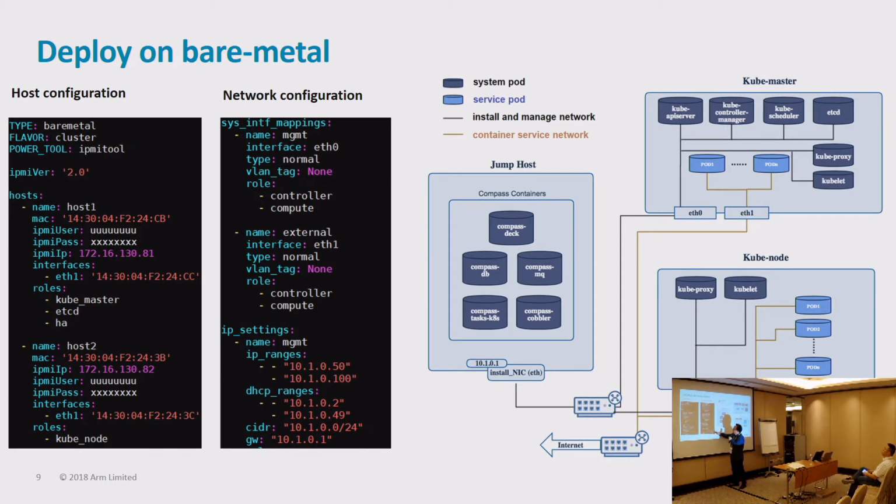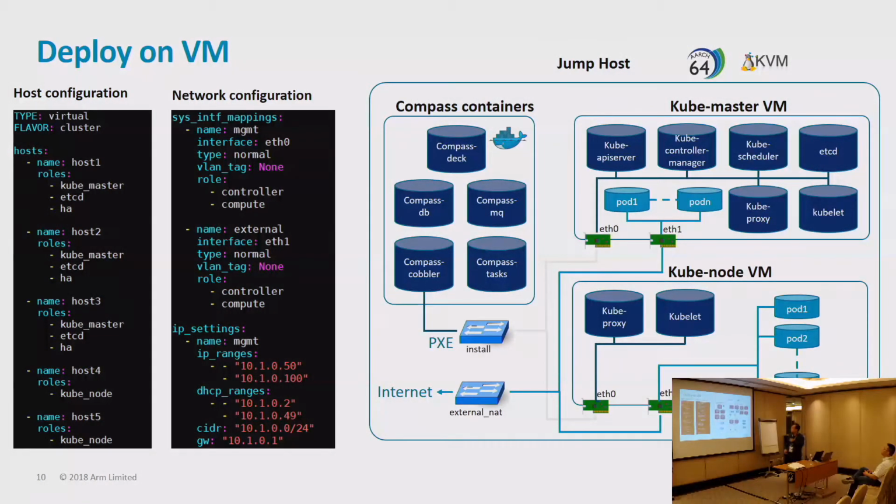Also, not listed here, are the external addresses. The nodes also need external addresses to access the internet. These are the two basic networks required by a Kubernetes cluster. You can see this is the control interface, or management interface, and this is the public interface.